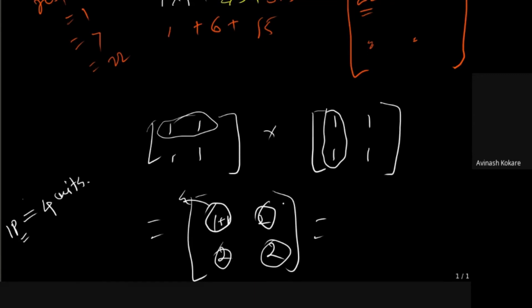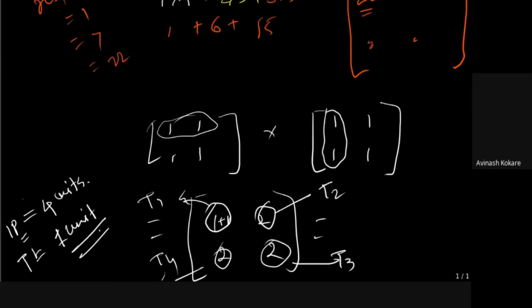But if the task is divided among the threads, this will be executed by T1, this by T2, this by T3, and this by T4. Every thread is now running in parallel, so it will require only 1 unit of time, isn't it?